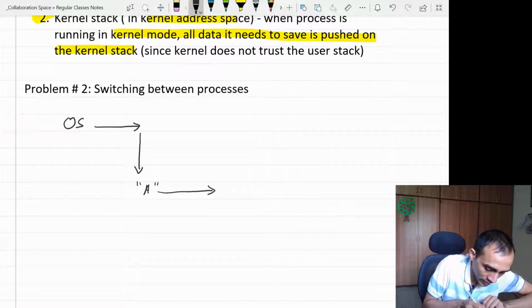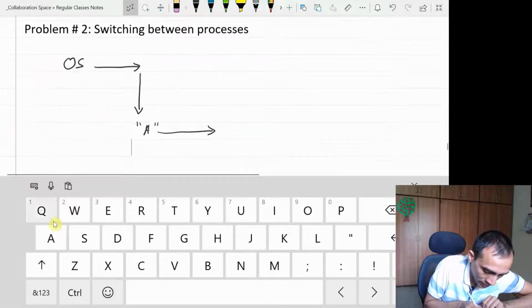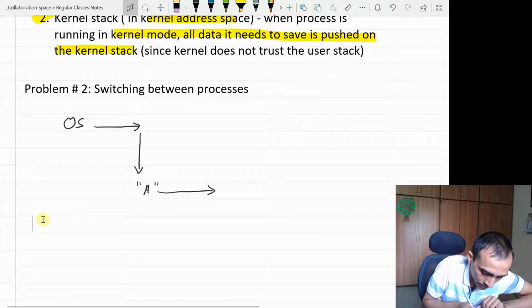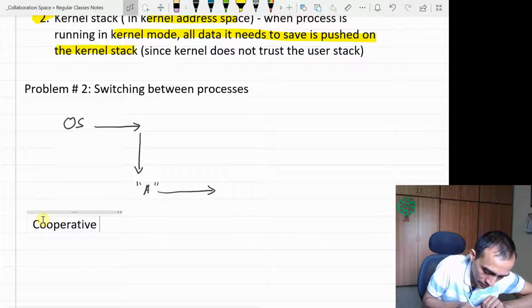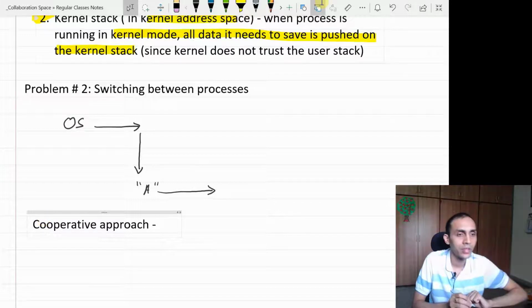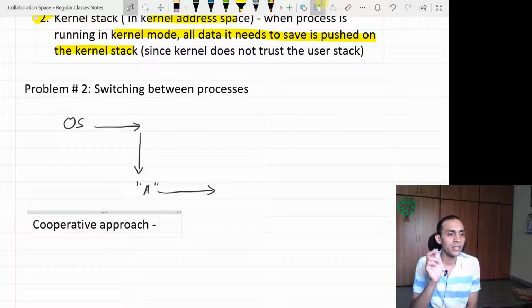In early OS, one approach which was used was a cooperative approach. In this cooperative approach, the idea was that the OS will trust the processes.